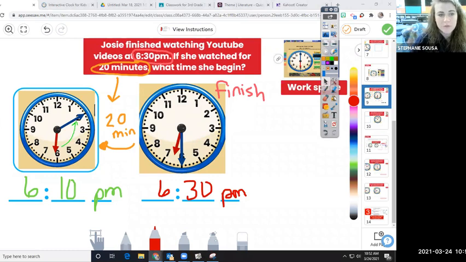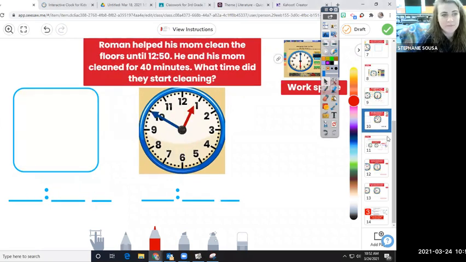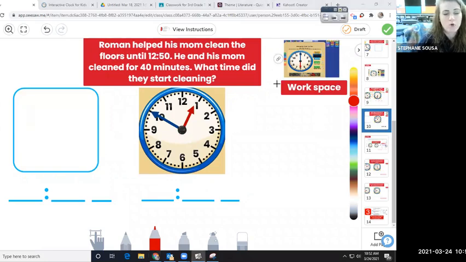All righty, let's move on to slide 10. On slide 10, we see a text where Roman helped his mom clean the floors until 12:50. That is our stop time right here. He stopped at 12:50. He and his mom cleaned those floors for 40 minutes.